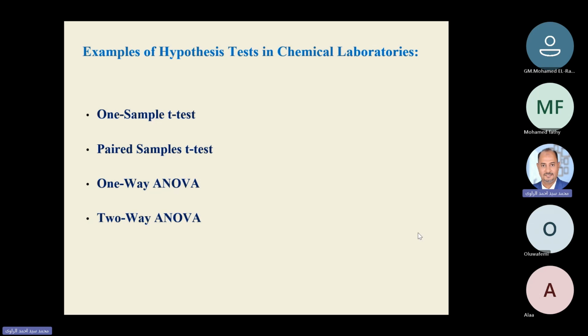Suppose we have a certified value of 0.50 milligram per liter, and we make repeated measurements, and the average of these measurements was 0.52 milligram per liter. The question here is: is this laboratory mean significantly different from the certified value or not?